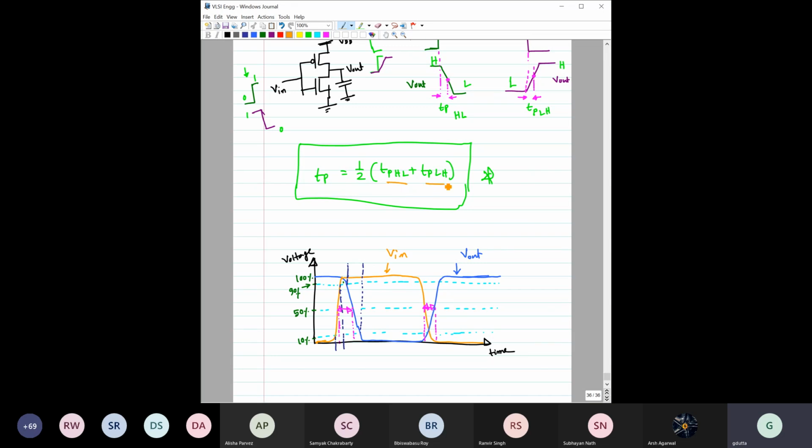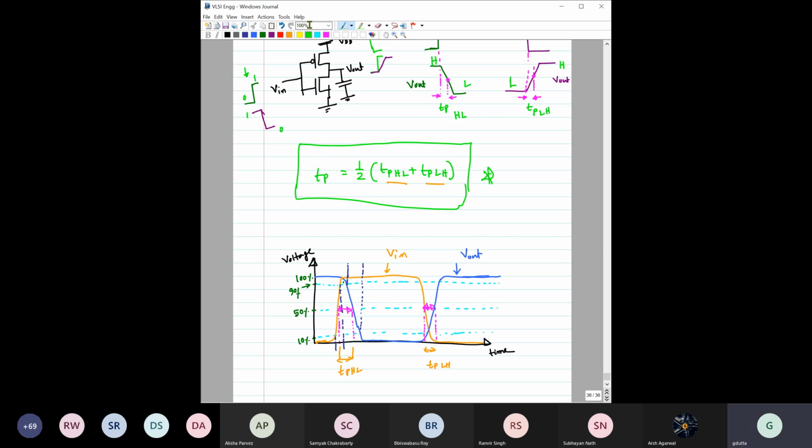So clearly, if you have to define the propagation delay, we have seen there are two types, TPHL and TPLH. Can you tell me quickly what this would be? TPHL, right? Okay. And what would this be? TPLH, right?